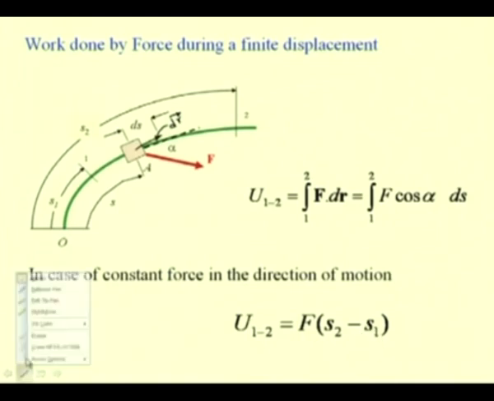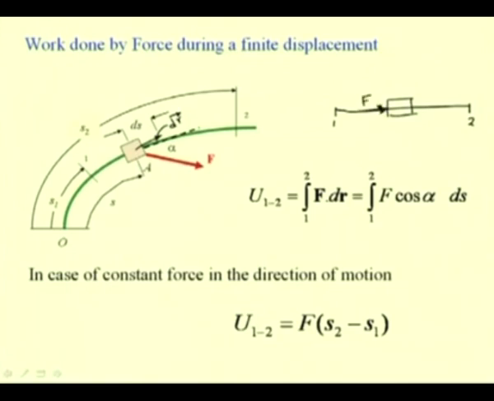This is applicable for cases like when we consider a path coordinate and we have this position 1 and position 2, and we have a particle and a constant force F acting, and we have the incremental displacement delta r or dr whose magnitude is ds.